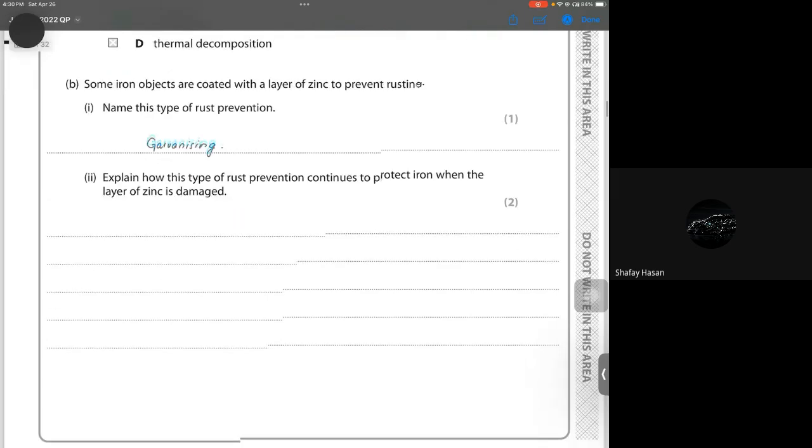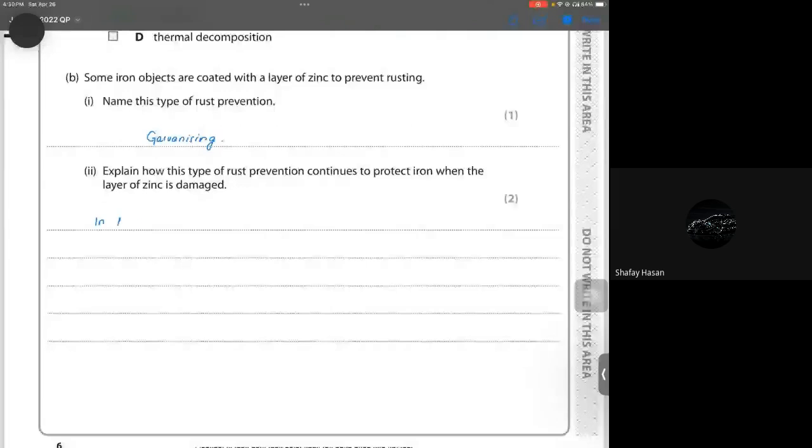So first of all, you have to write down that in the reactivity series, zinc is higher than iron.